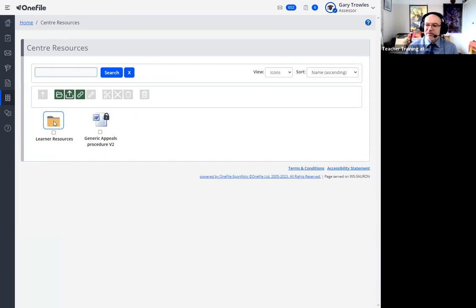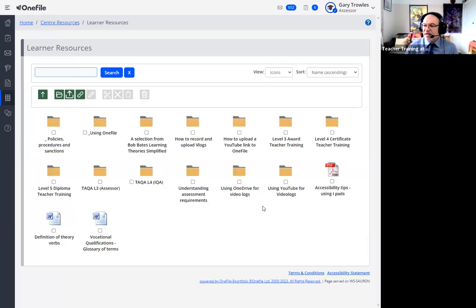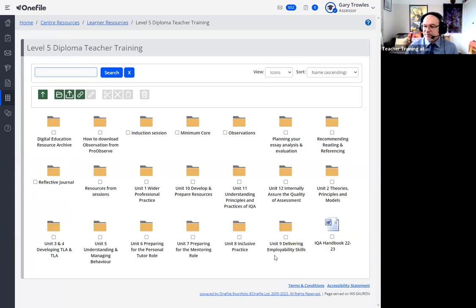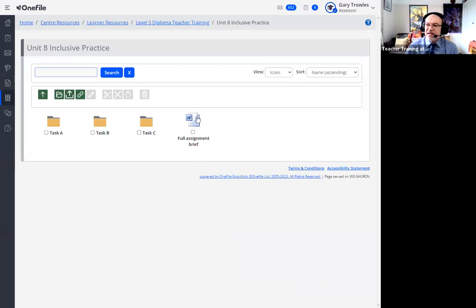Click on that, and then you go to Learner Resources and Level 5 Diploma, Unit 8 Inclusive Practice. Here's the full assignment brief. So the first 3 slides that we looked at with task A, B, and C on them, you can have a look in there. That's the full assignment brief.